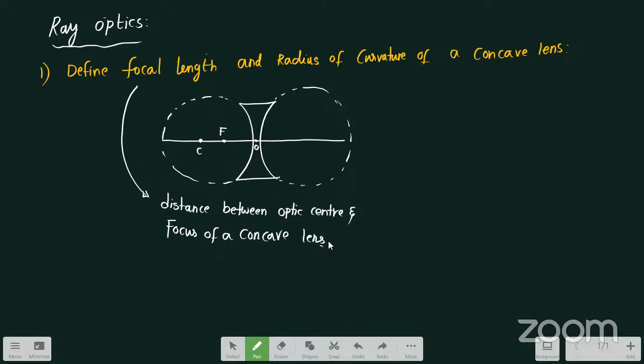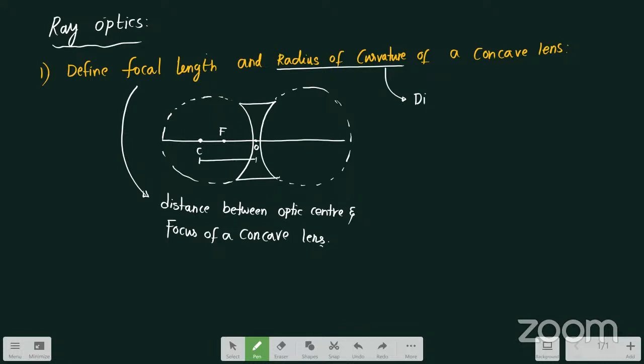So what is the definition for focal length? I can define focal length as the distance between optical center and principal focus is called as what? Focal length. Similarly, he is asking you to define radius of curvature. See here, this is the center of curvature. The distance from the center to this particular point, pole or optical center, is called as what? Radius of curvature. So how can you define radius of curvature?